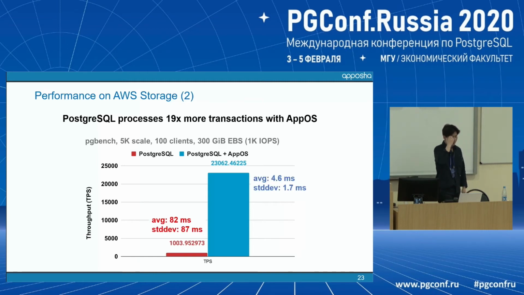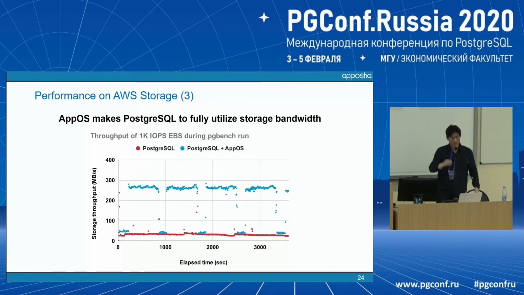And latency also improved a lot. The average latency and deviation are more stable than without the AppOS extension. To show why AppOS can get better performance, this graph shows the storage throughput.